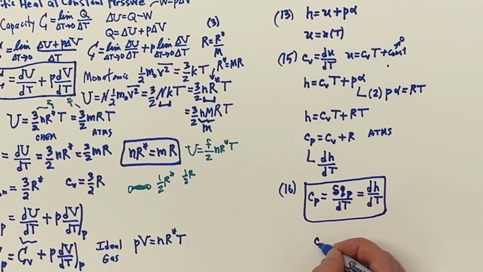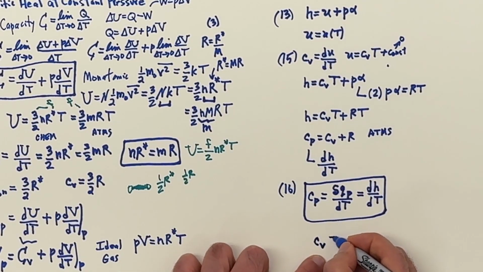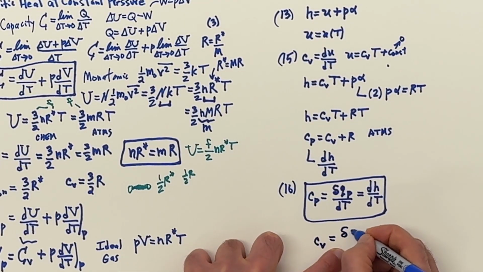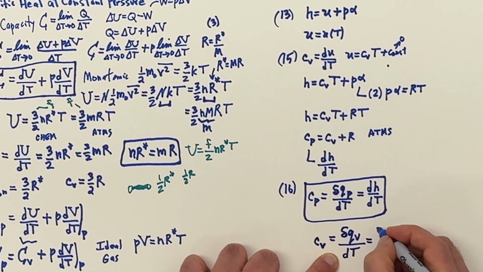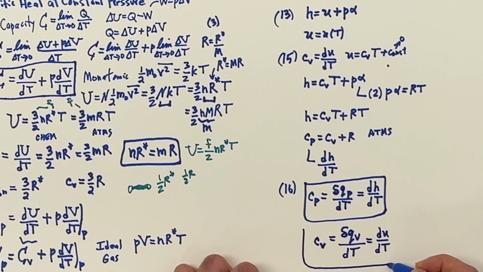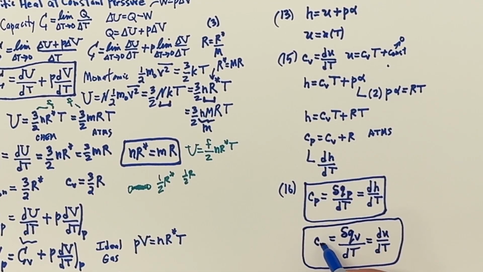And look at this, compare this with the C sub V. If we go and do a similar equation here with constant V, we already had a class on this and have talked about this. This is simply du dT, and we have seen that in this class too. So this is a nice comparison that for the specific heat at constant volume, take the derivative of the energy per unit mass, because this little c means specific heat, which means assume it's divided by the mass.